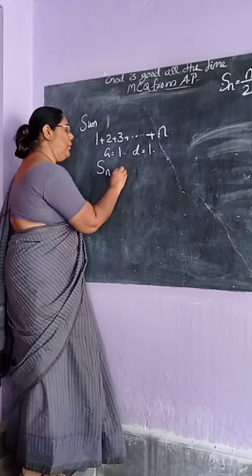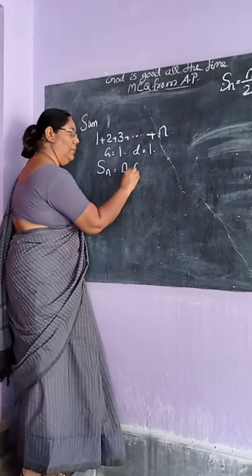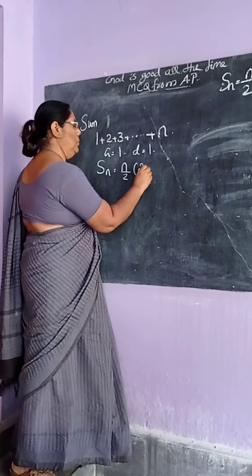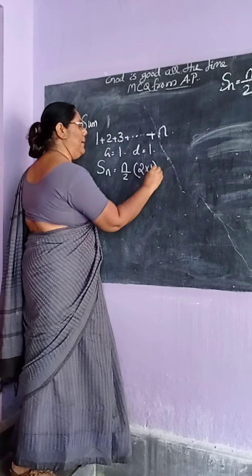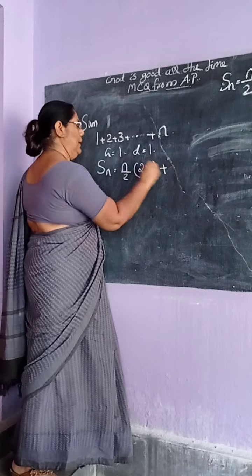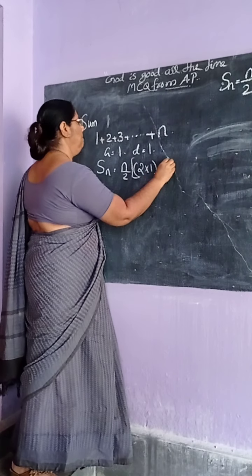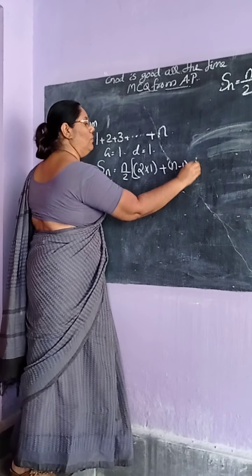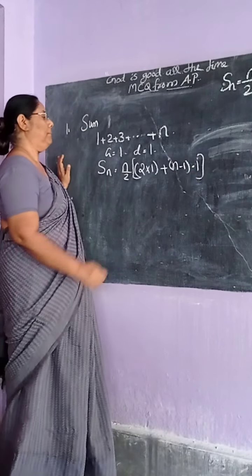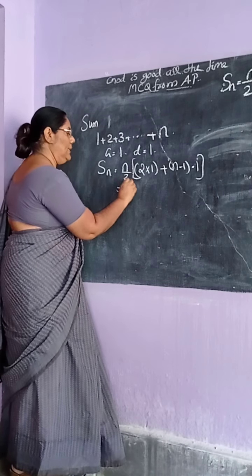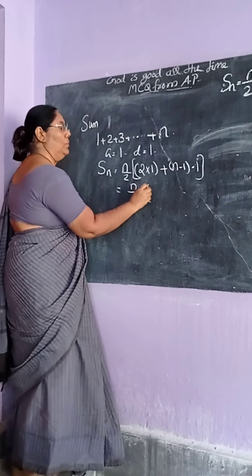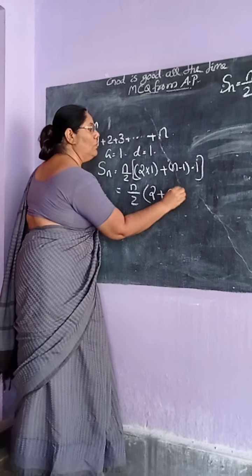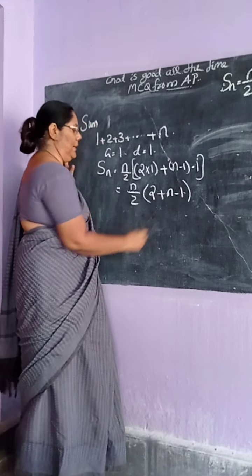Understand? Therefore, n by 2 into, within the bracket, 2a, which means 2 into 1, plus n minus 1 into d, which is 1. That is n by 2 into 2 plus n minus 1 into 1, which means n minus 1.